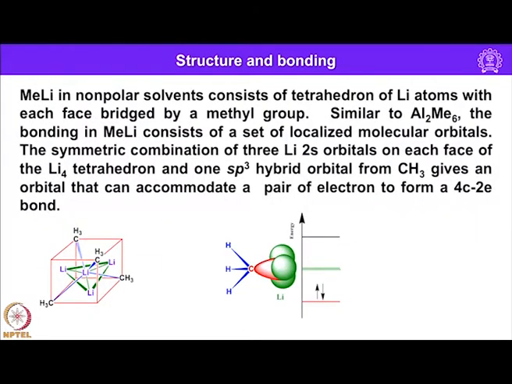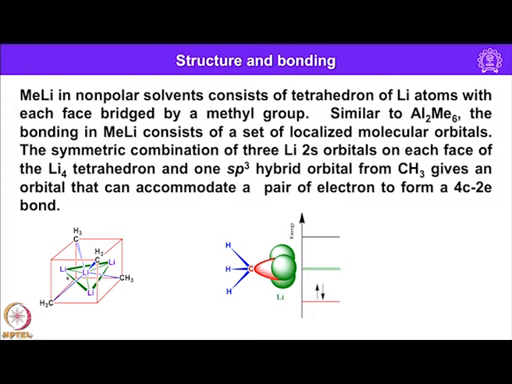Okay, so let's look into the structure of methyl lithium. Methyl lithium in nonpolar solvents consists of a tetrahedron of lithium atoms with each face bridged by a methyl group. So in a simple way one can write this, although it is referred to as a cubane structure having alternate corners occupied by methyl and lithium.